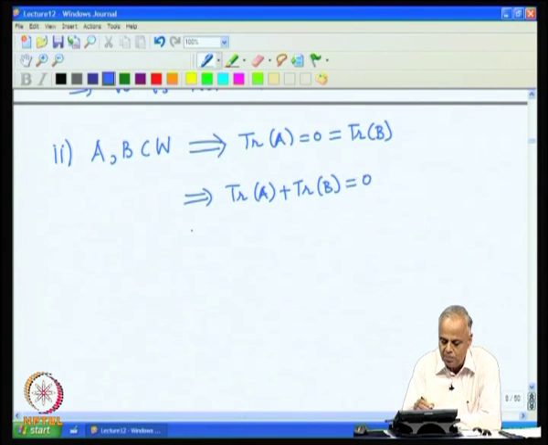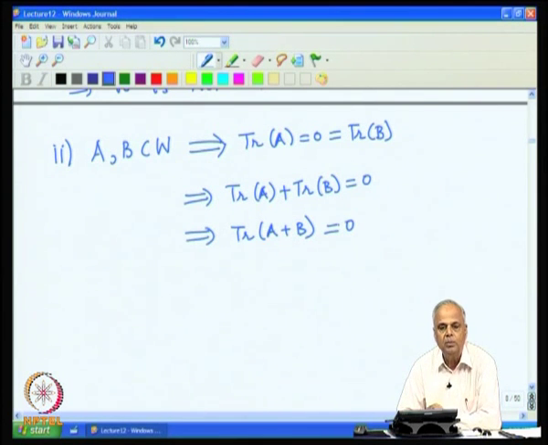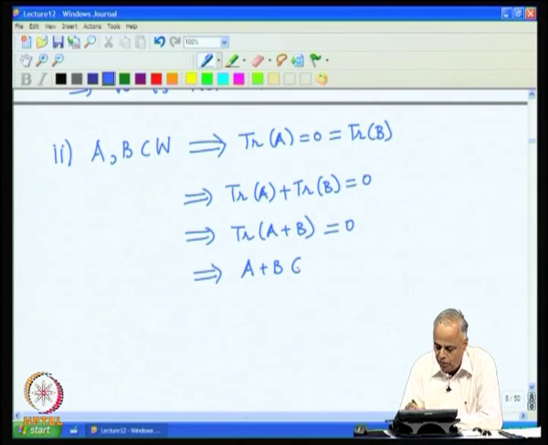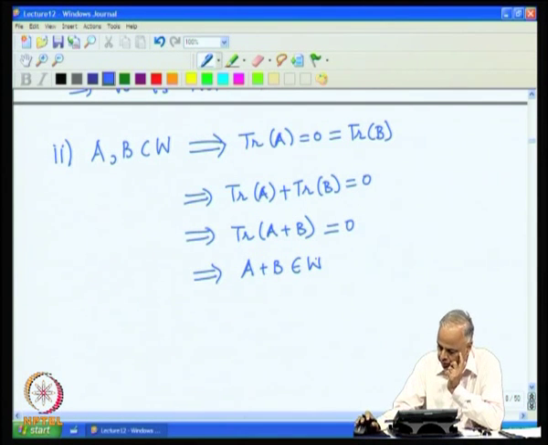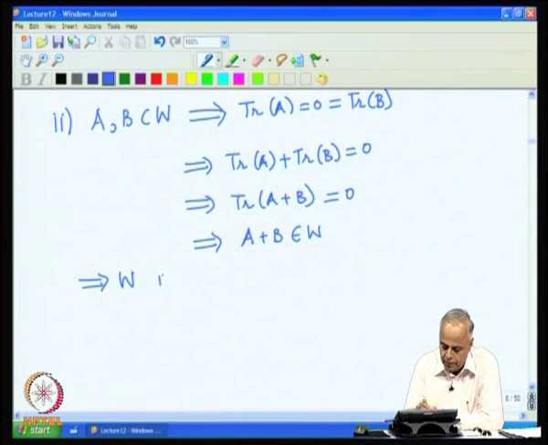But we just now observed that the trace of A plus trace of B is the same as trace of A plus B. So, trace of A plus B is 0, and therefore, A plus B is a matrix whose trace is 0, and therefore, A plus B qualifies to be in W. Thus, if A and B are in W, A plus B is in W. So, W is closed under addition.